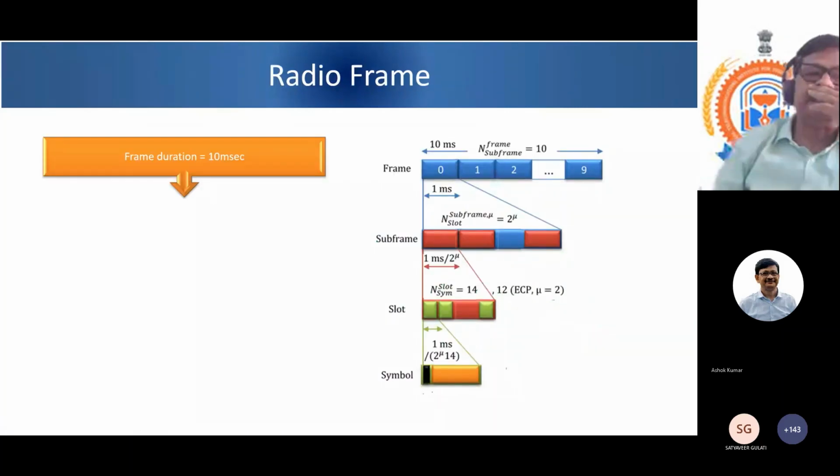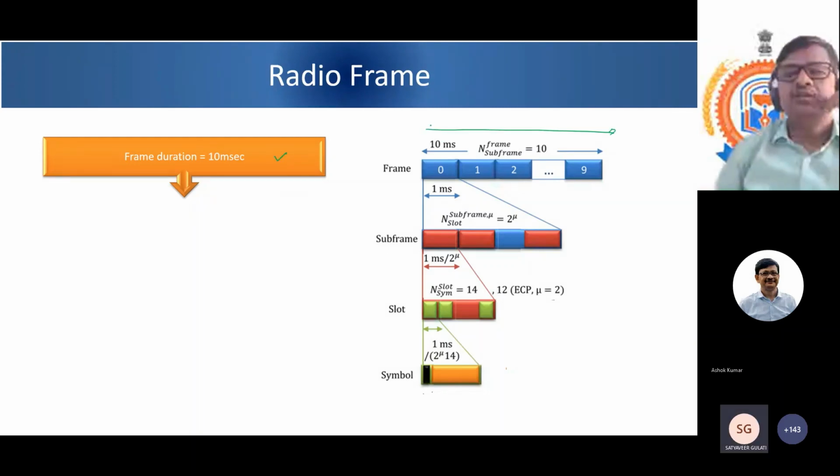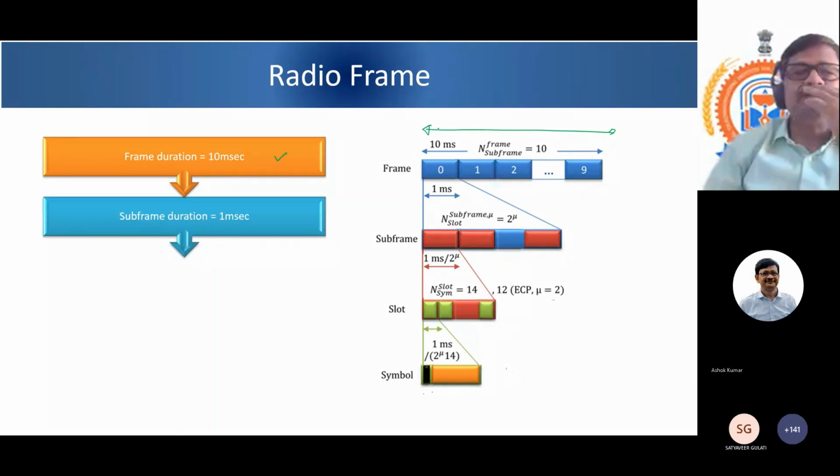As I explained, the frame duration is 10 milliseconds, and this gets divided into subframes of 1 millisecond each. So subframe 0, 1, 2, 3 up to 9, 10 subframes. So you have a 1 millisecond subframe.